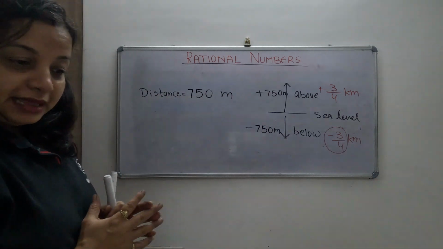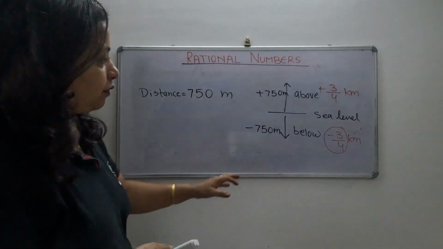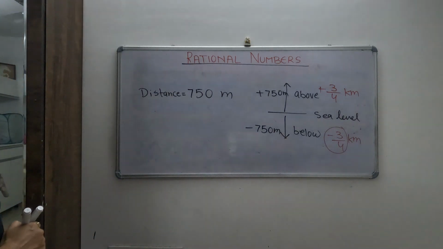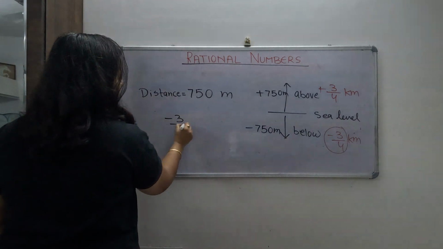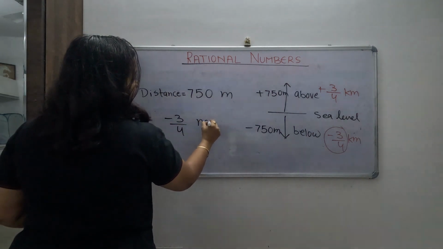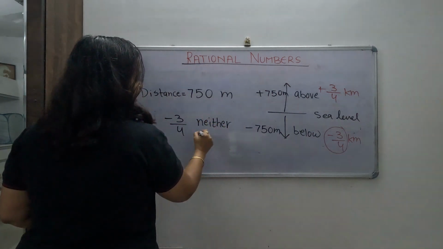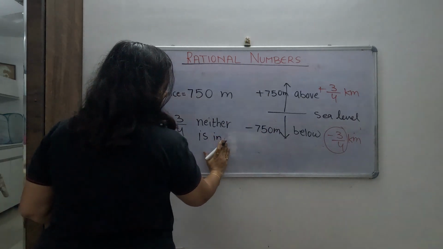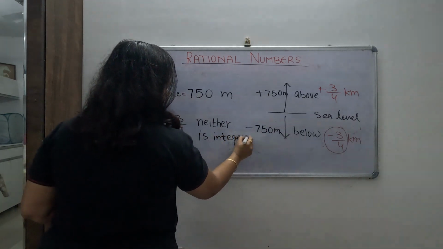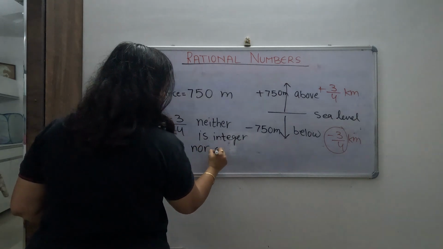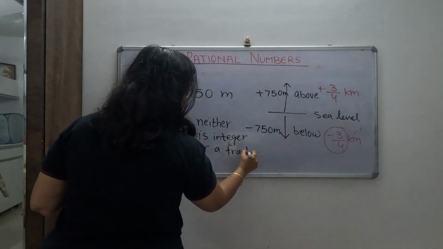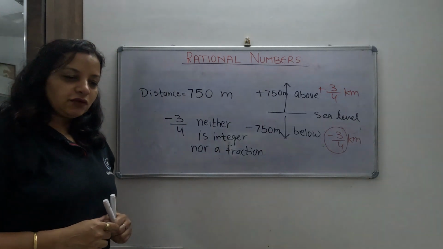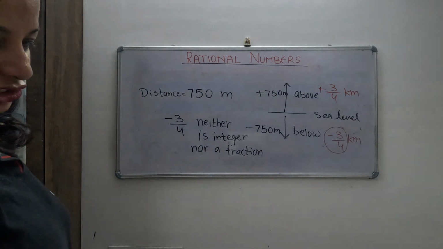So we can see negative 3/4 is neither an integer nor a fraction, right? Yes. So negative 3/4 is neither an integer nor a fractional number.